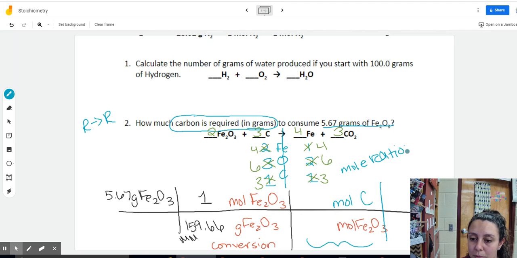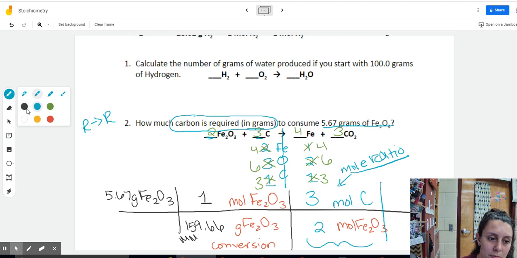Sorry, I ran out of room on the bottom. Keep writing ratio. All right, ratio, okay? So here we're looking at our coefficients. So I have a 2 with our Fe2O3, and I have a 3 with our carbon, okay? So I have a 2, and then I have a 3.